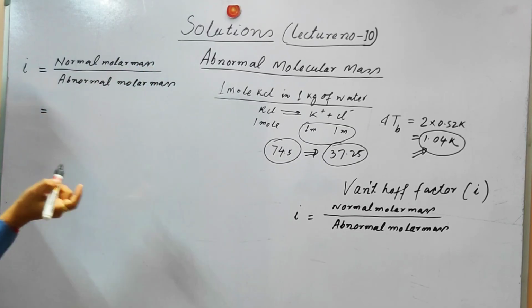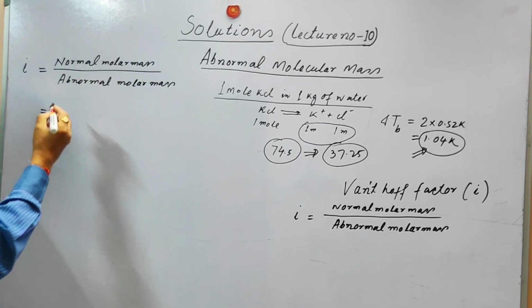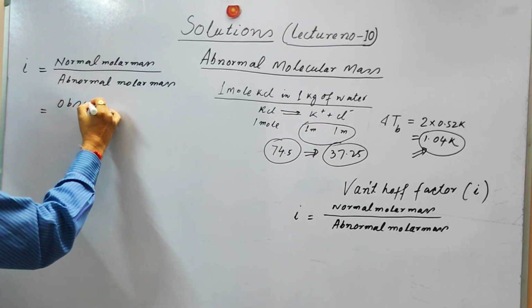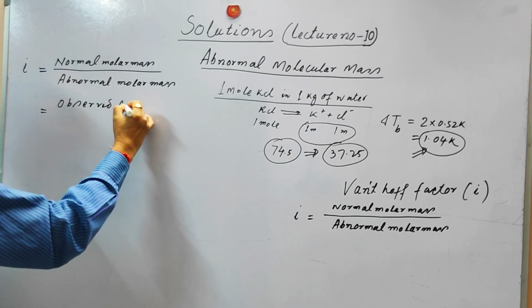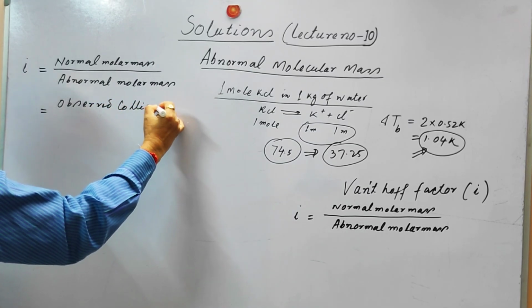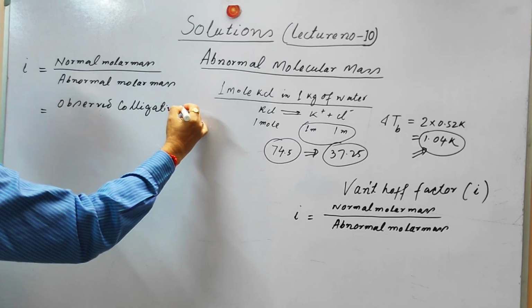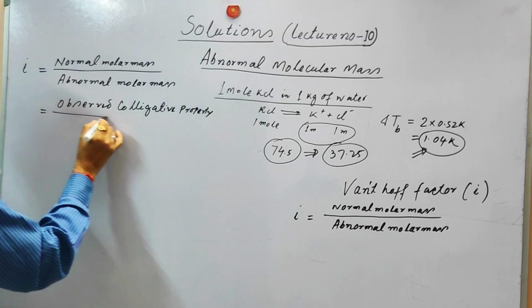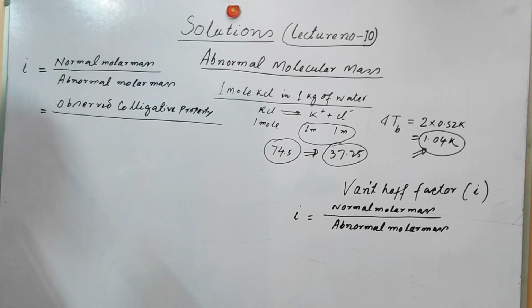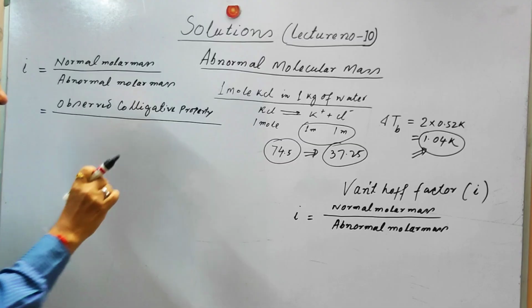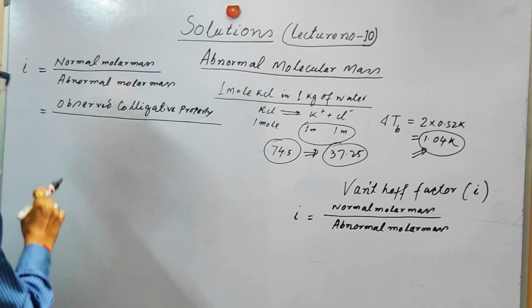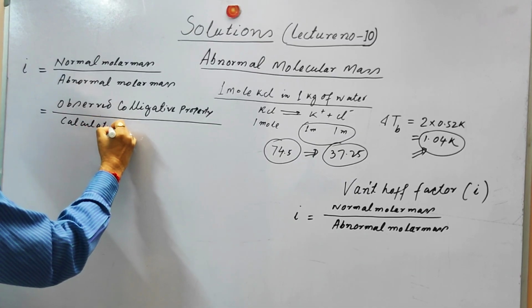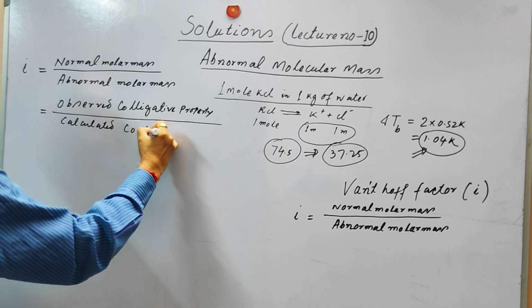This is equal to, again we can correlate this with the colligative property also: the observed colligative property, that is the depression of the freezing point or elevation of the boiling point, divided by the calculated colligative property.